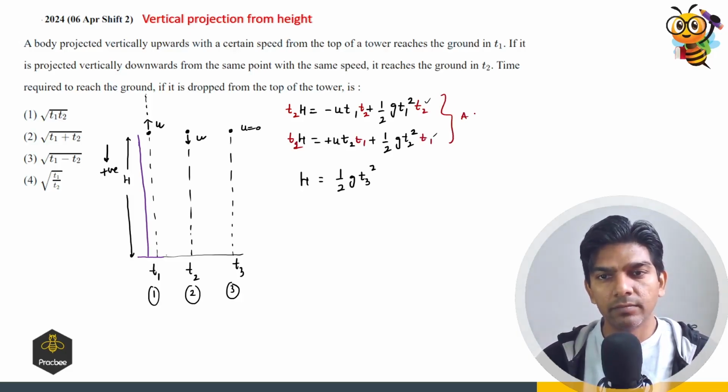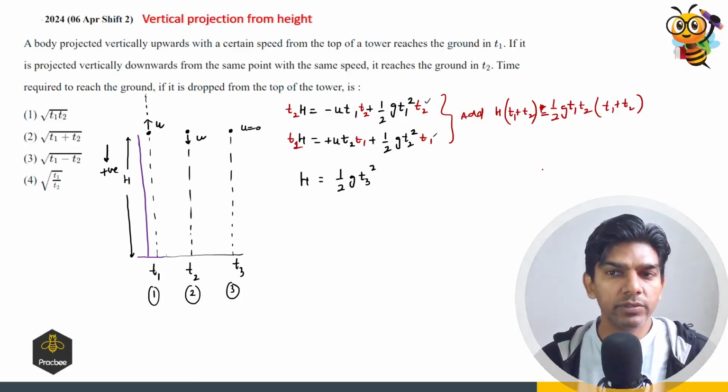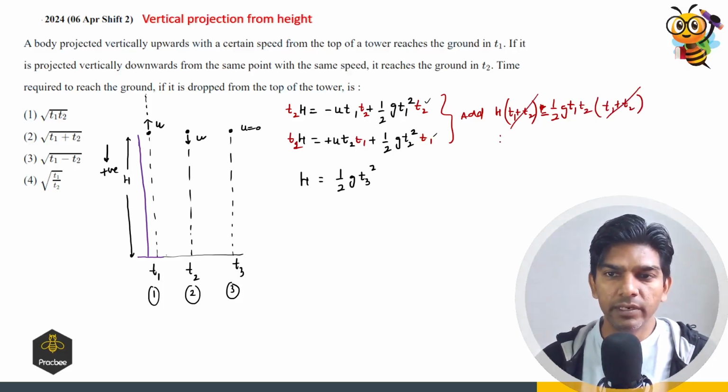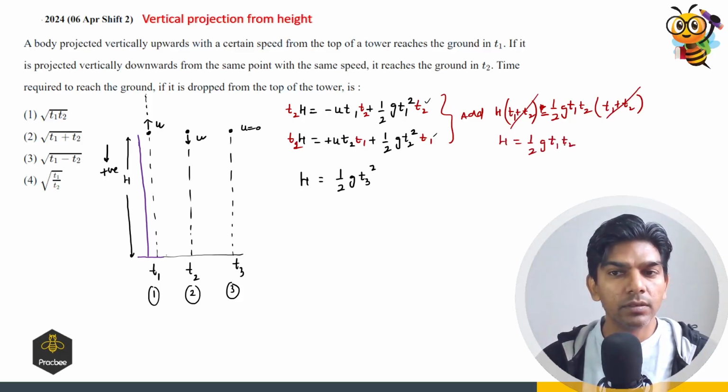When we add, we will get h times (t1 plus t2) equals half g t1 t2 times (t1 plus t2). So we can eliminate t1 plus t2, and we get h equals half g t1 t2.